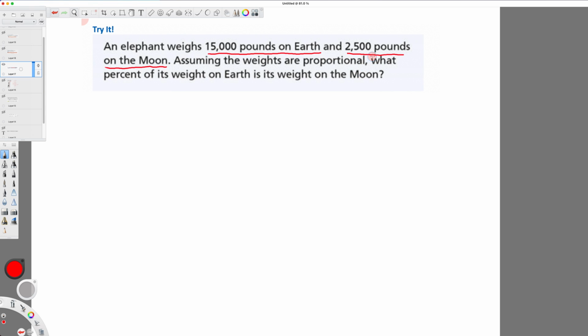That question from here to here is the equation. What percent? I don't know. Times, what do they want me to find the percent of? Well, it's the weight on Earth, and here's the weight on Earth right here: 15,000. So it's some percent of 15,000 is, and that's where you put your equal sign, equals its weight on the moon, which is 2,500 pounds.